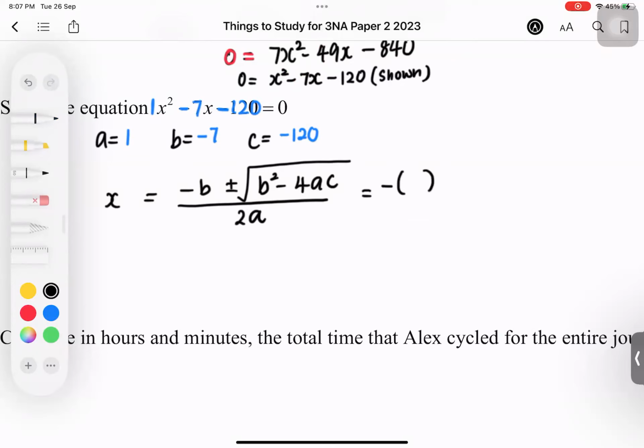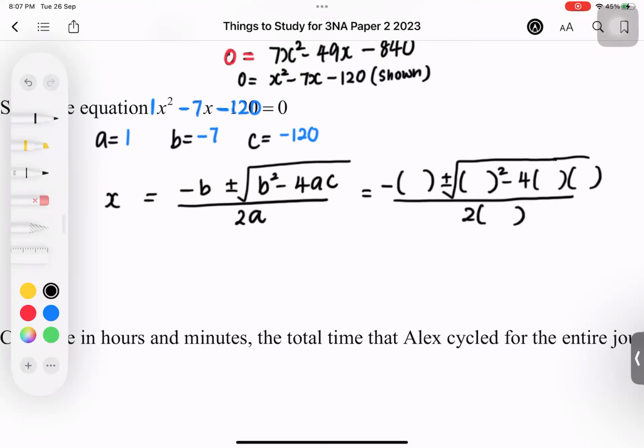My word of caution, put brackets for everything, because I have negative numbers and I may make a mistake in my calculation. If not, then you can use the equation mode on your calculator. So b is -7. Look very closely, negative 7. Then this one, -7. Remember to put the bracket in your calculator. If not, sometimes you are not able to calculate.